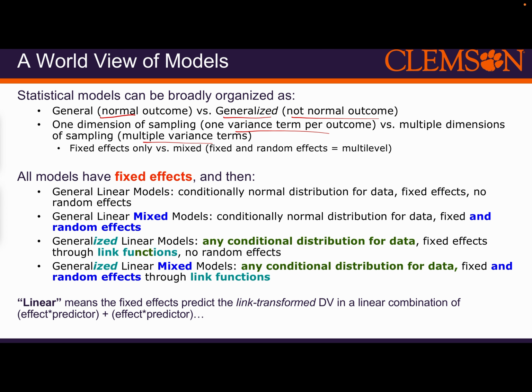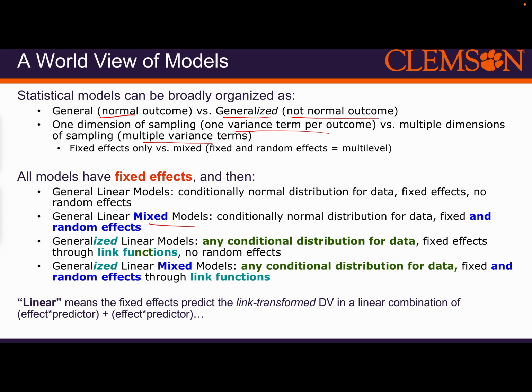Now, all models will have fixed effects, but general linear models have a conditionally normal distribution for the data, right? The data are normal conditional on all the predictors. They have fixed effects and no random effects. If we add random effects to those general linear models, we get general linear mixed models, GLMMs, also known as mixed models, mixed effects models, variance components models, etc. These are models with conditionally normal distribution for the data, but both fixed and random effects parameters.